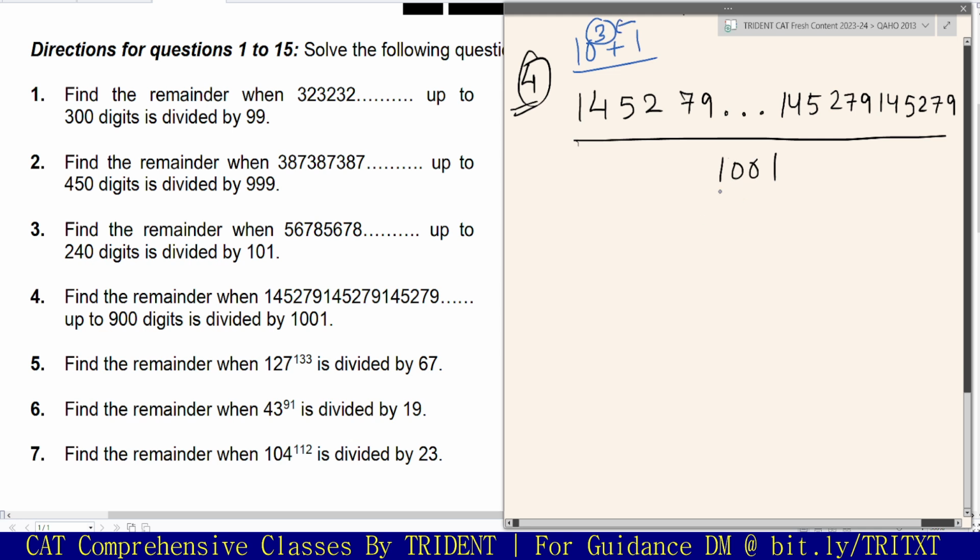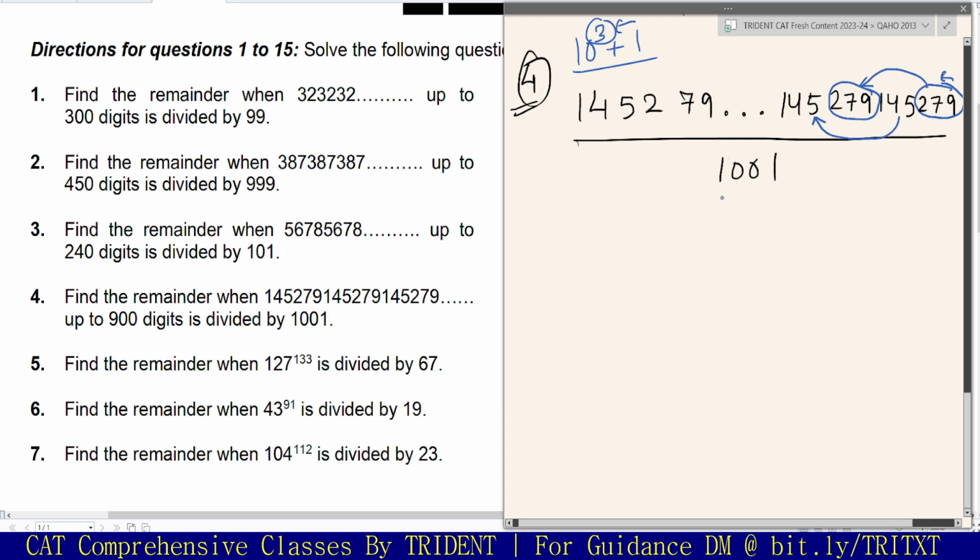You can also look at the number of zeros present in the 1000. So 3 digits from the right hand side. If you just remember this, you will make no errors. So 279, and then again a group 279, and a 145.